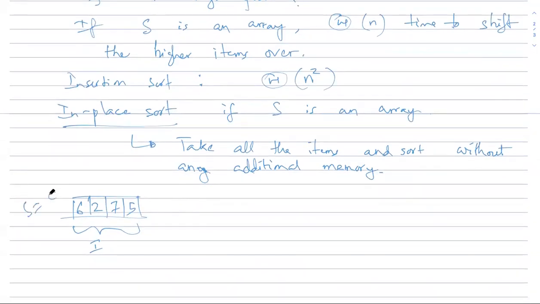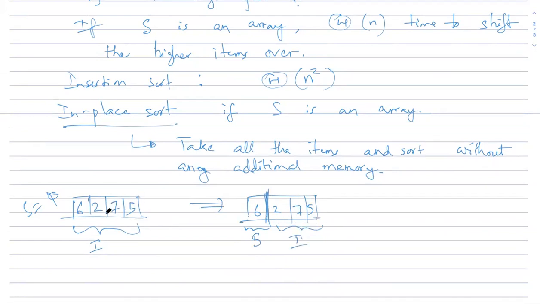So at this point, S is empty. So we now make this portion the sorted portion, and this is the input.